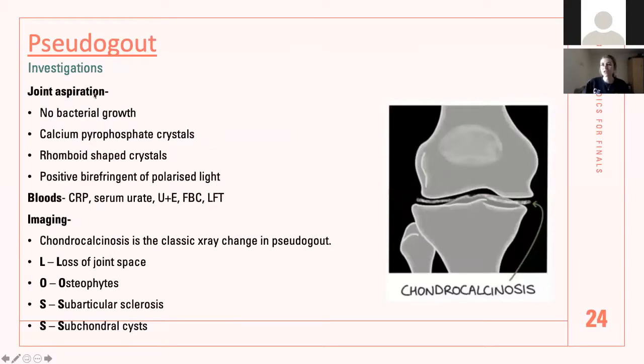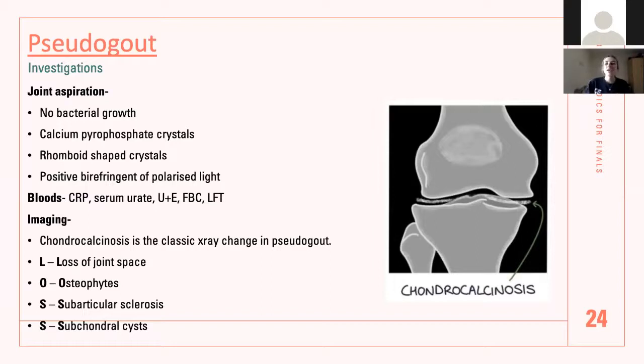So investigations, you do a joint aspiration, so you wouldn't see any bacterial growth, but you'd see these calcium pyrophosphate crystals. The crystals that you'd see would be positively birefringent rhomboid-shaped crystals. You'd also do bloods, so your CRP, serum urate, U's and E's, full blood count and LFTs.